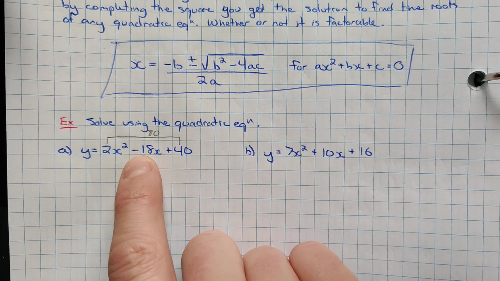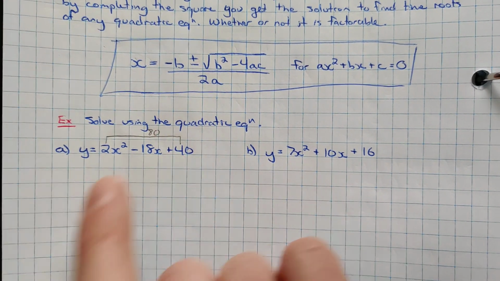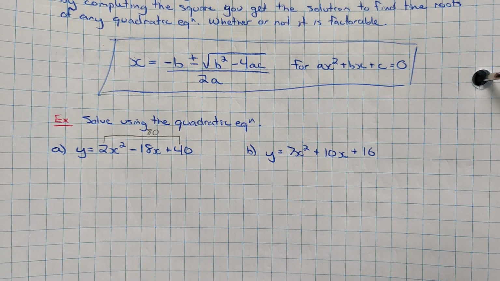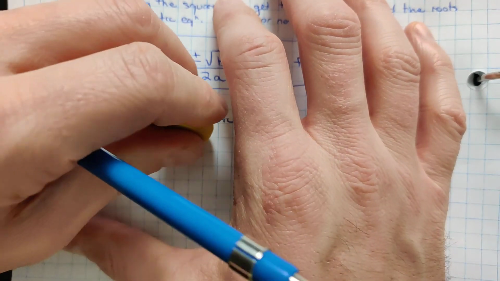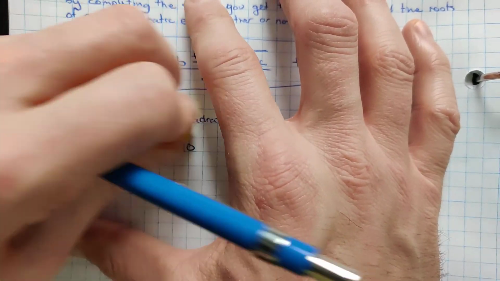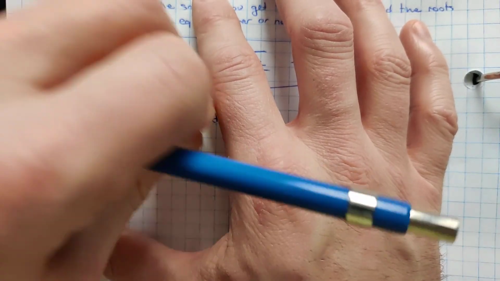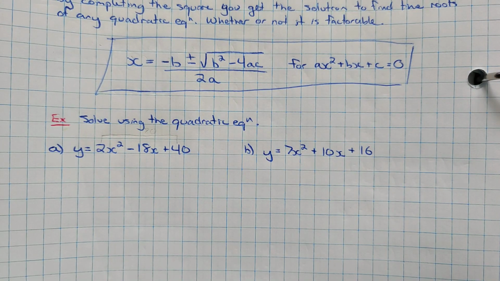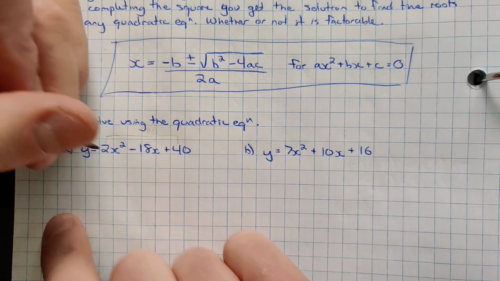Yes, there are. It's going to be 10 and 8. So this is something we can factor. But we're not going to factor this. We're going to use the quadratic equation.